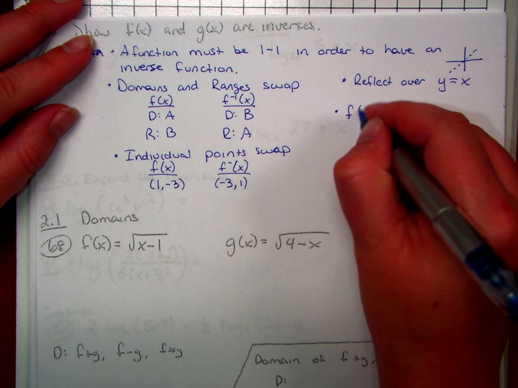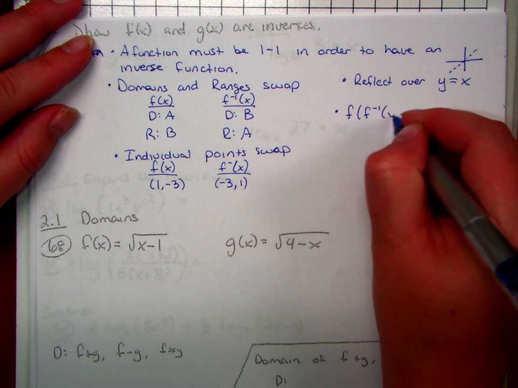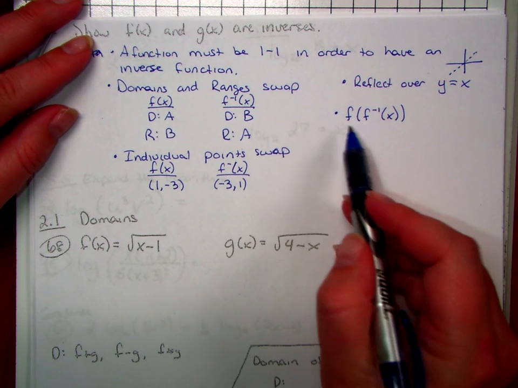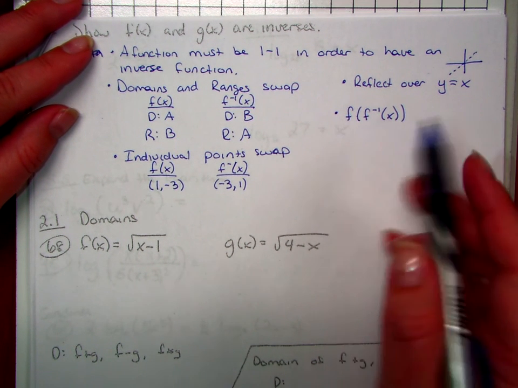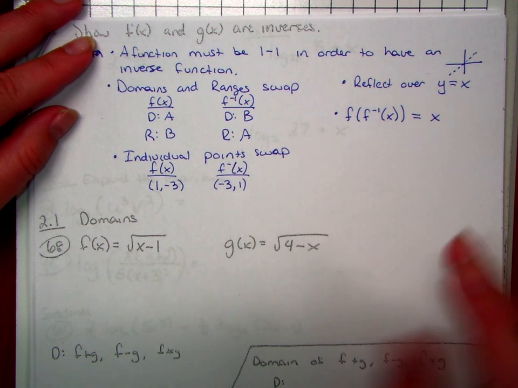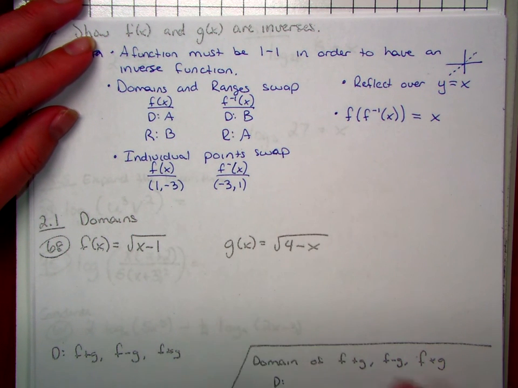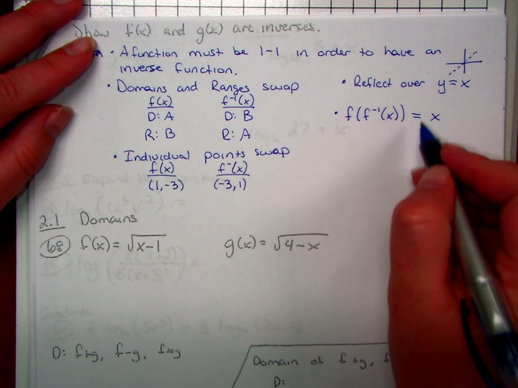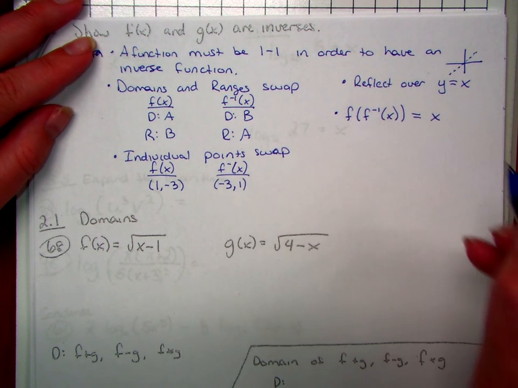And then remember their compositions. If I did f composed with f inverse, all the functionality should cancel, and you should be left with x. The addition and subtraction will cancel each other out, the multiplication and division will cancel each other out, and the square root and the squares will cancel each other out, and you should just be left with x at the end.